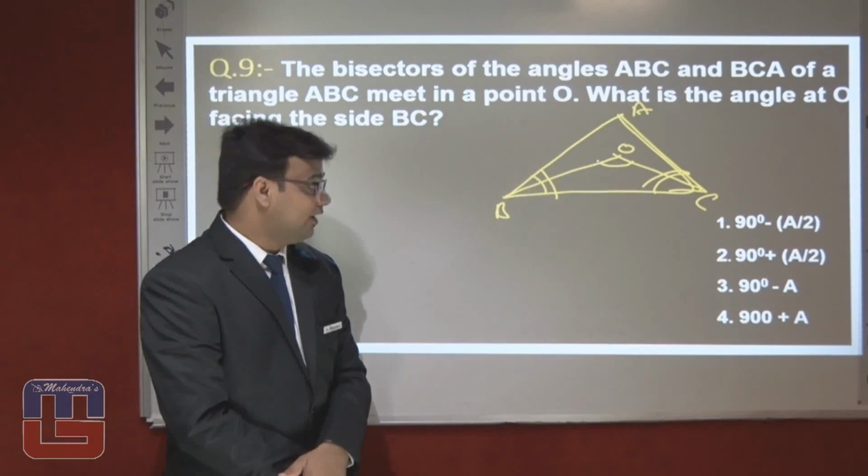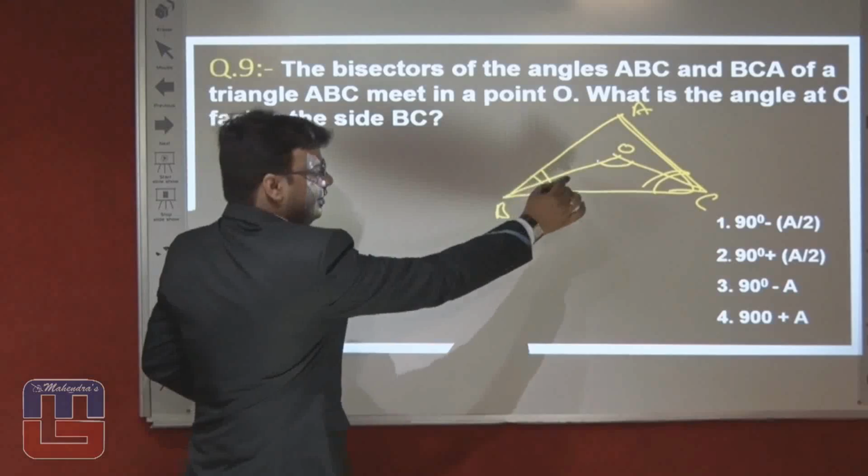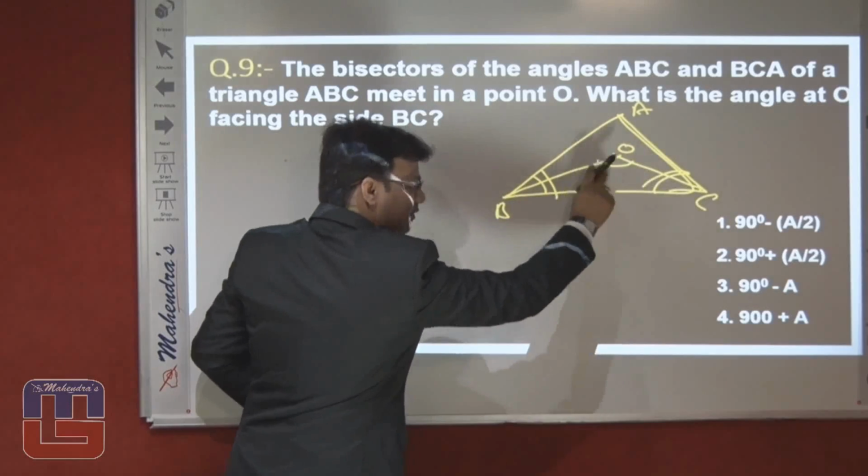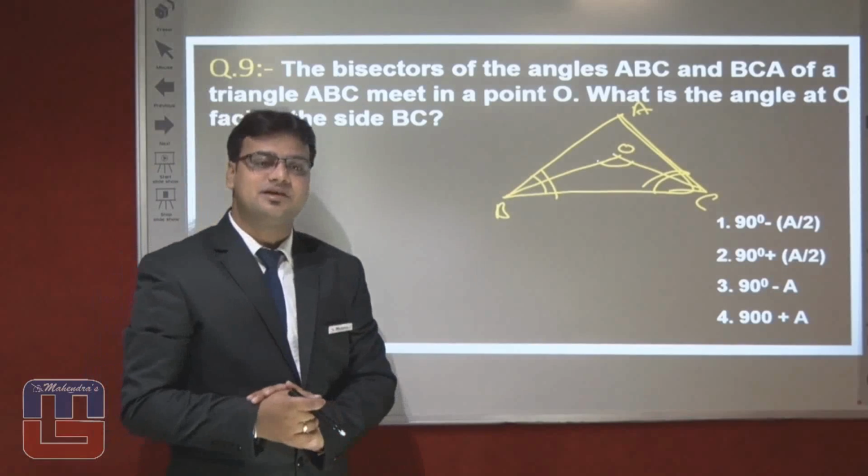How to find it? We form triangle BOC, whose internal angle sum is 180.